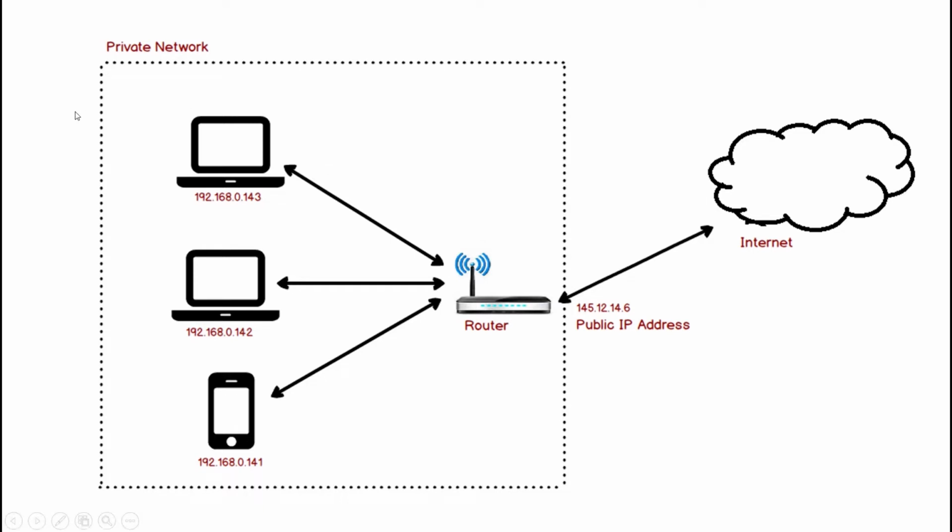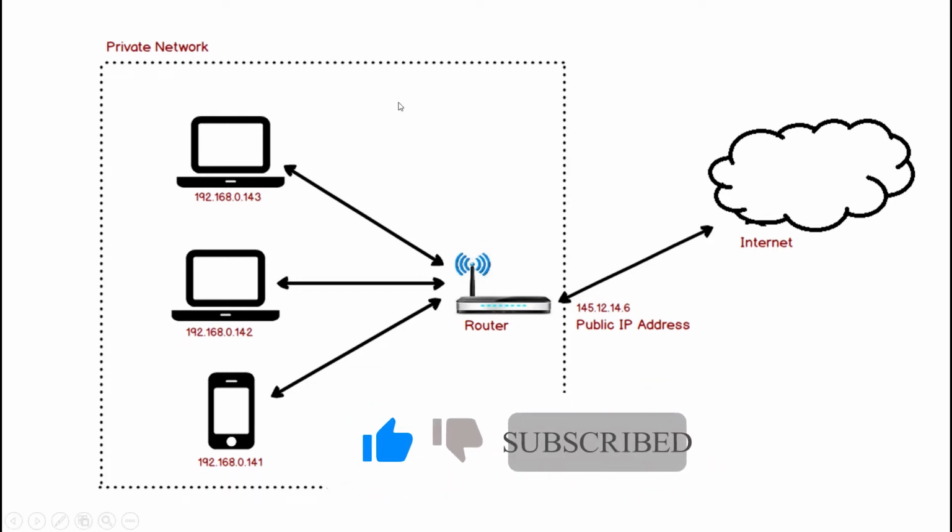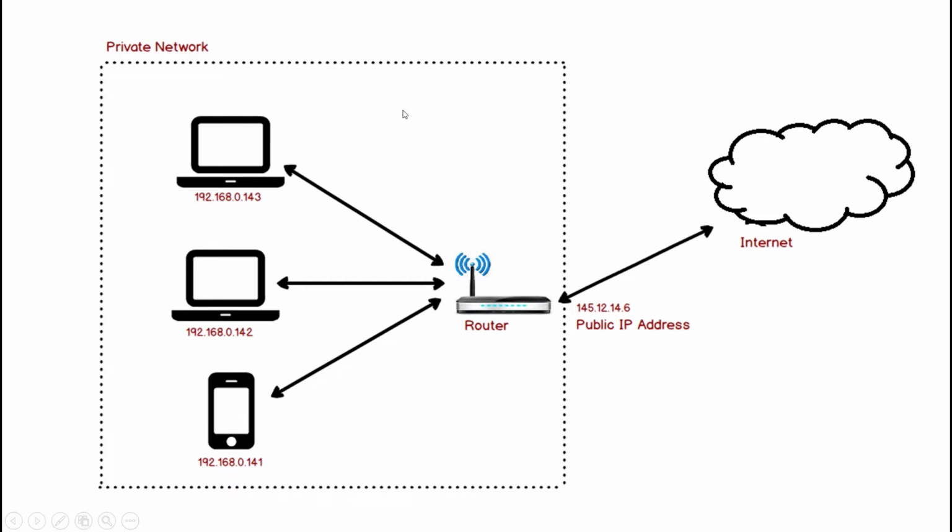So this example uses the Wi-Fi router and connected devices. Then how can we identify the private network and public network? In that situation, private IP addresses and public IP addresses help us to identify them. Guys, as you notice here, the private network is in our control.